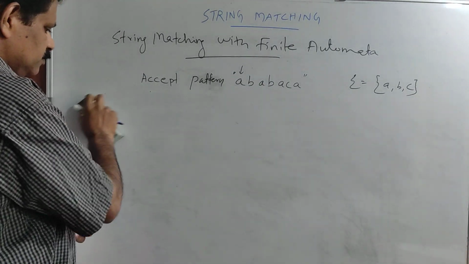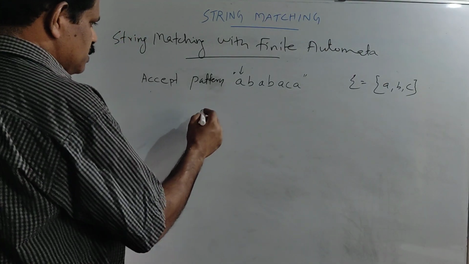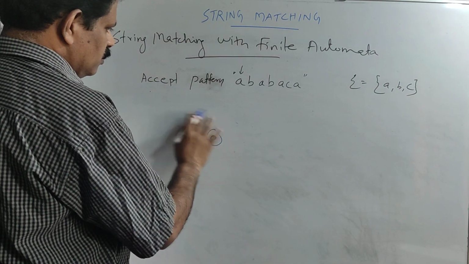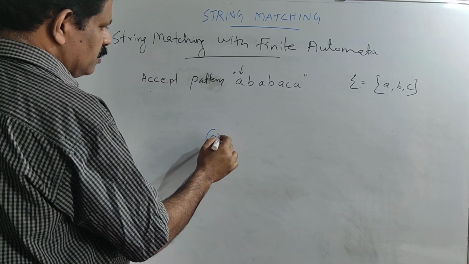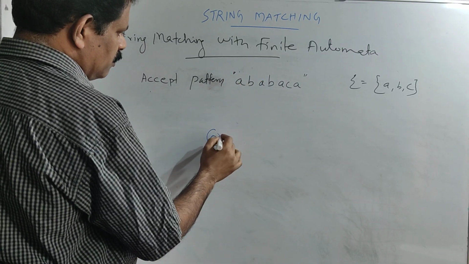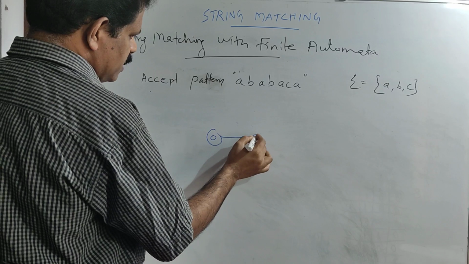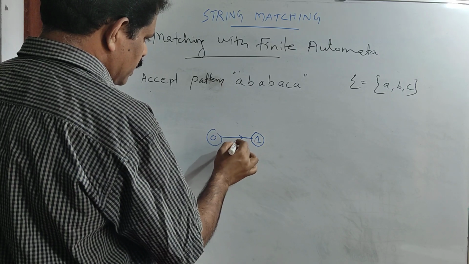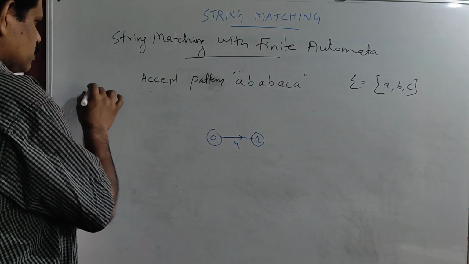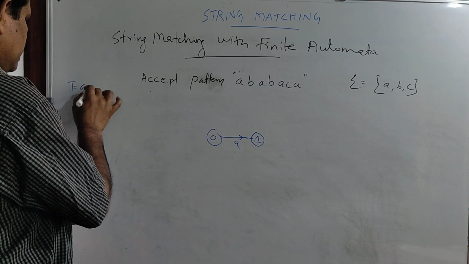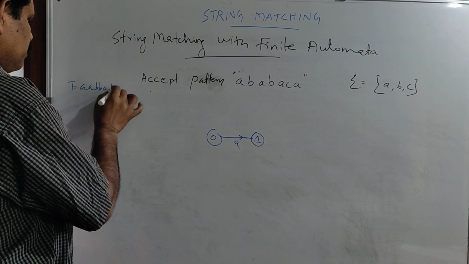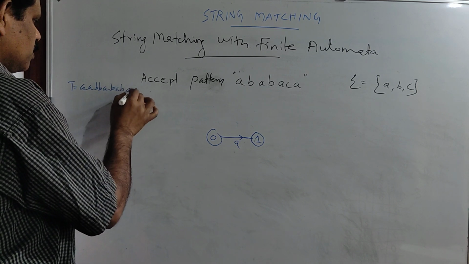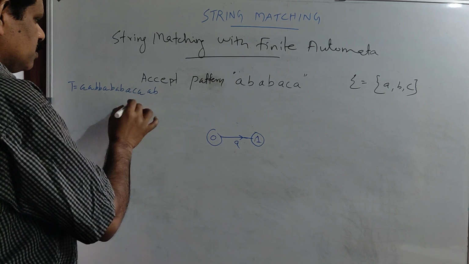We will say it starts at 0, the initial state, and on receiving A, it will move to the next state 1. Suppose the string t equals A B B A B A B A C A B, like this.